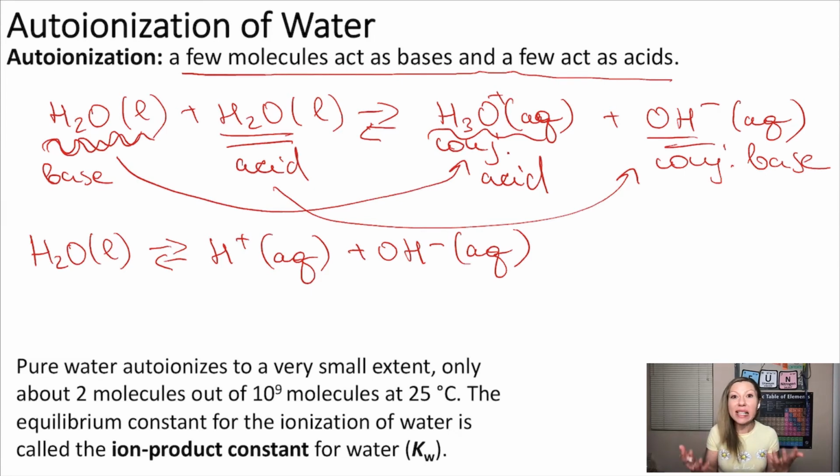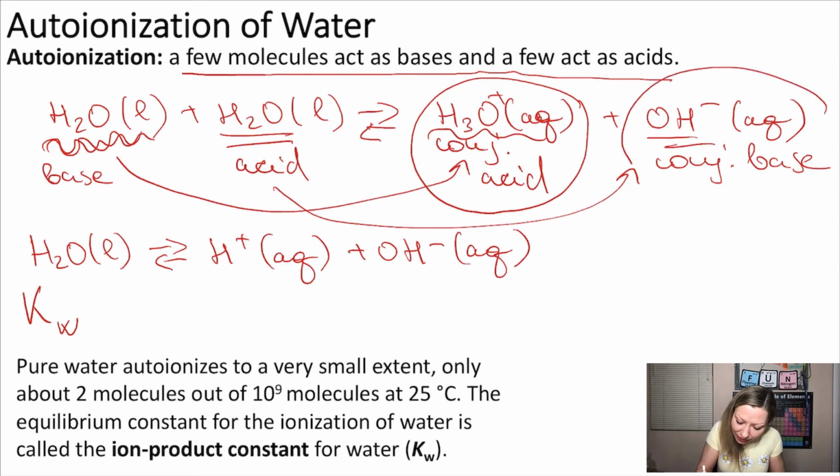Now, what is the equilibrium expression for these reactions? If we look at the first one, we are going to call this Kw, W for water. We do not need to take into account pure liquids or solvents in the equilibrium constant expression, so we only need to look at the hydronium ion and the hydroxide ion.